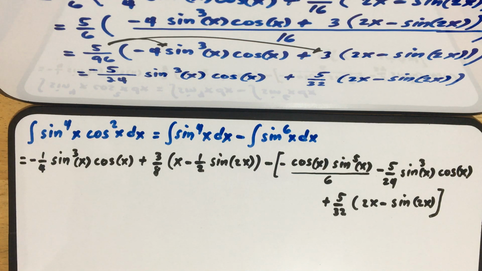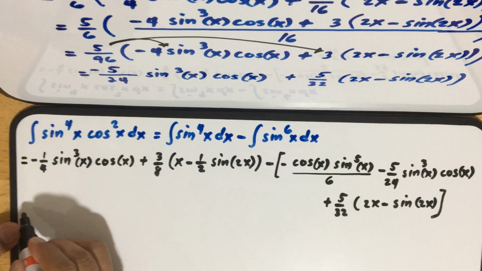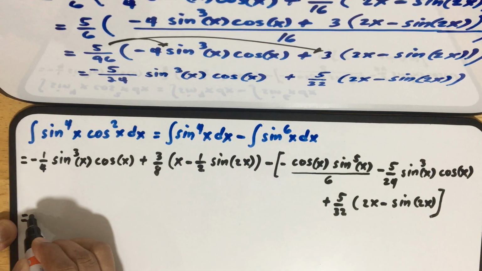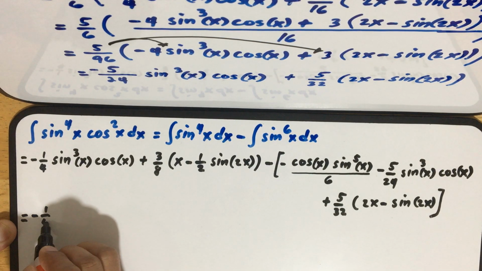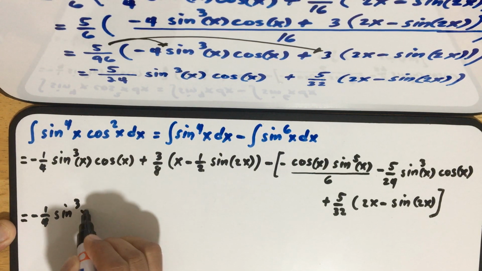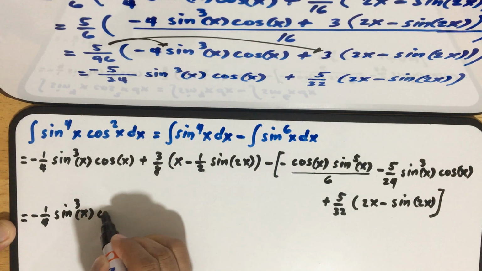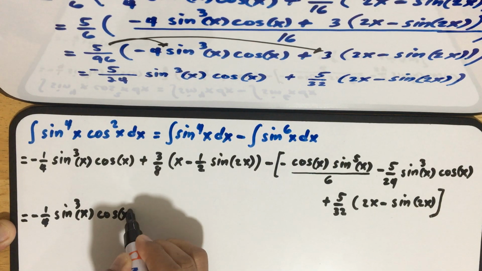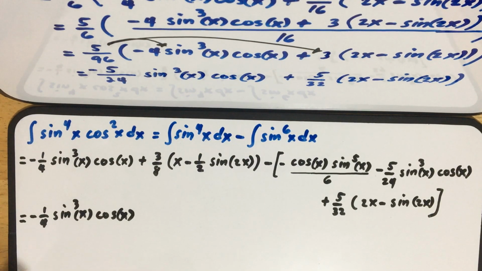And then we can distribute here. Okay, I will write it here. Minus 1/4 sine cube x cosine x, then distribute and multiply this part.